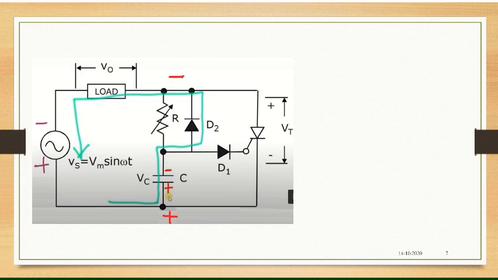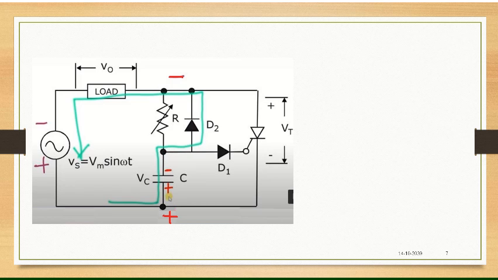The path of current flow will be in this. So the lower plate will be positive and the upper plate of the capacitor will be negative. So in the negative cycle, the capacitor will charge via diode D2. It will charge to the maximum voltage of the input voltage. So the voltage across VC will be equal to minus Vm. That will be in the negative cycle.